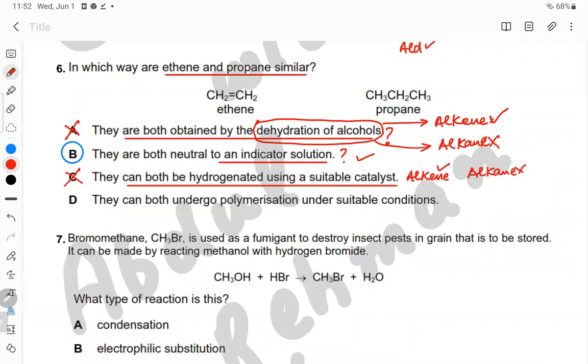That makes C wrong as well. They can both undergo polymerization under suitable conditions. So if you recall, an alkene can undergo polymerization, but an alkane cannot, and due to which I will mark D wrong as well. So B is our correct answer. Is this clear to everyone?